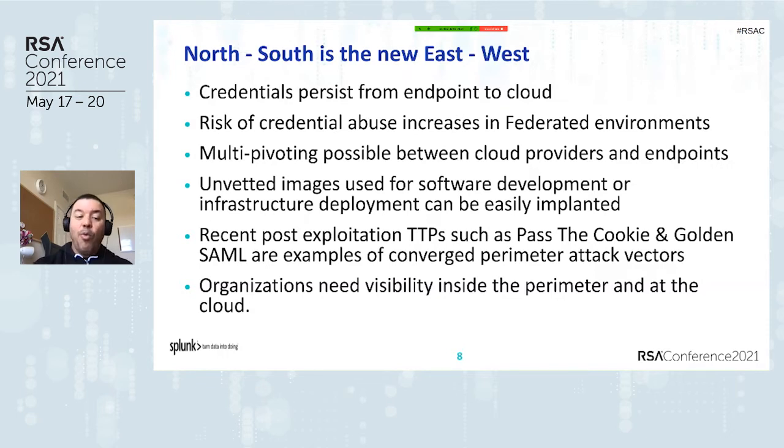And like I said before, we're starting to see the adoption of post-exploitation TTPs that involve the search, use, and abuse of either cloud-connected credentials or the reuse of federated credentials.